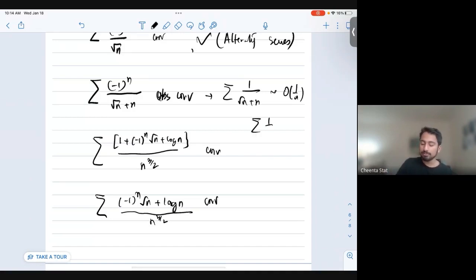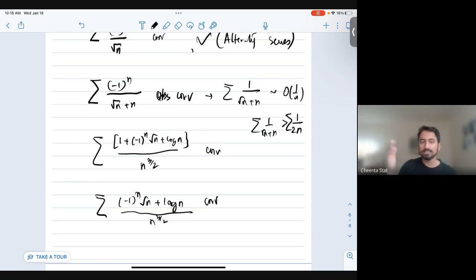But the idea is that we can just take, you can observe that, let's say 2n. So 1 by root n plus n is greater than 1 by 2n. After a certain time, n will dominate over root n.